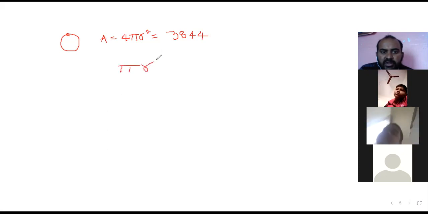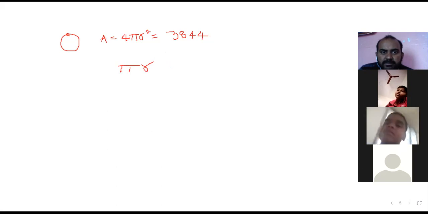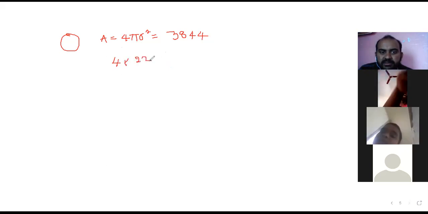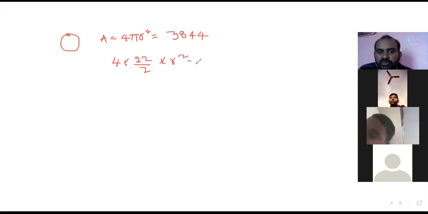4 pi r square is equal to 3844. Do it one thing: 4 into pi value, how much? 22 by 7, into r square is equal to 3844. Okay.